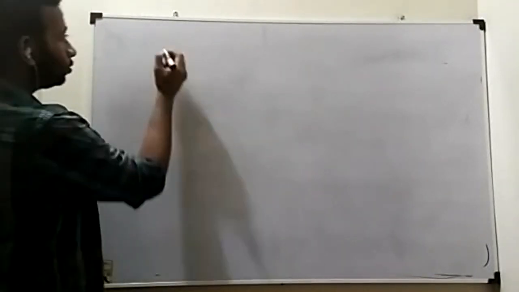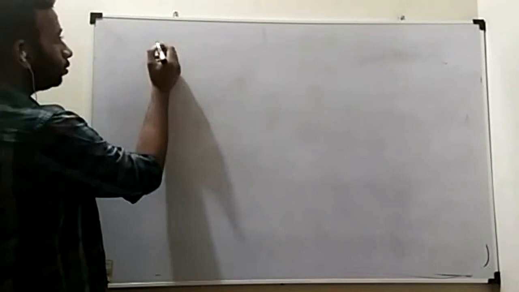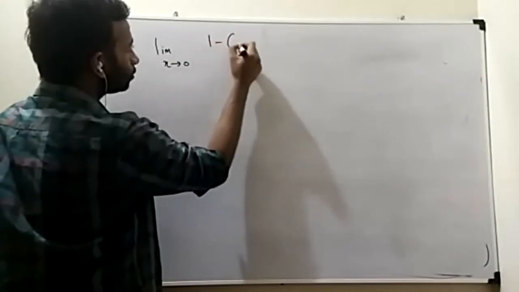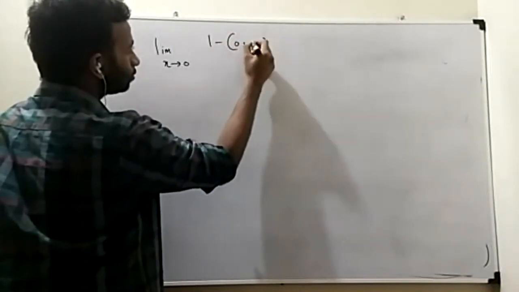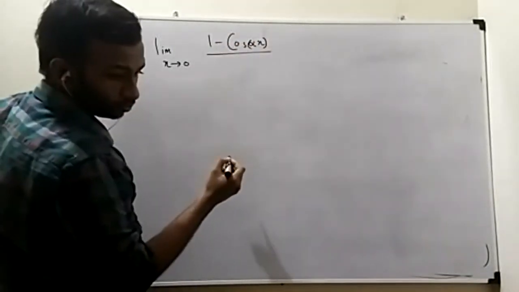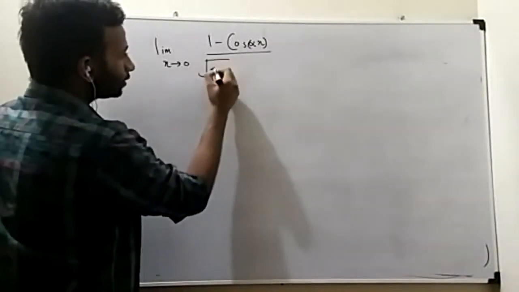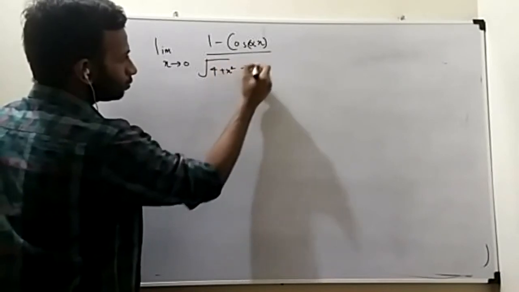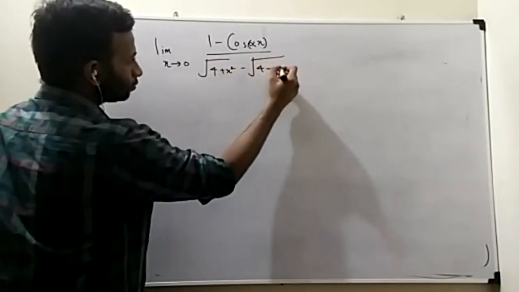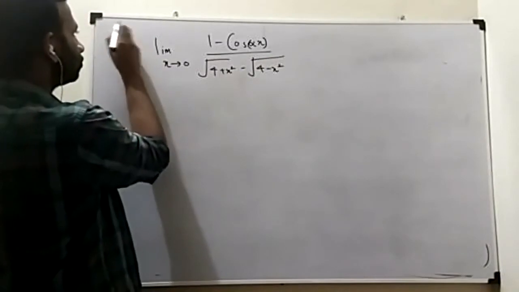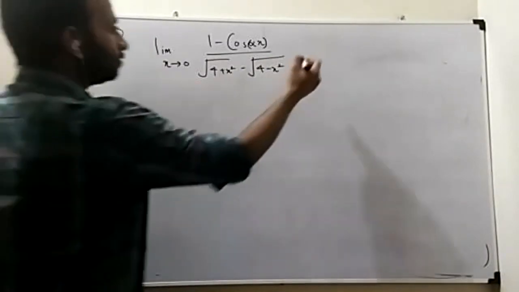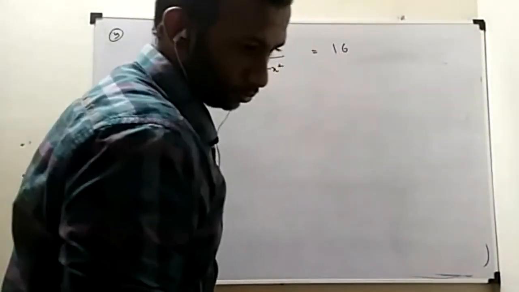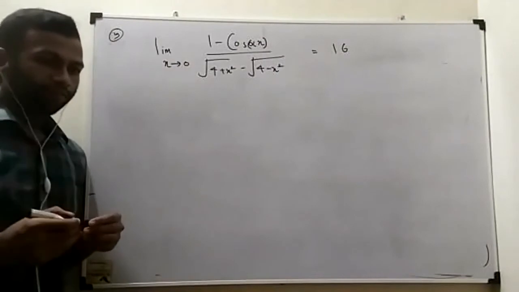They have given limit x tends to 0, 4 plus x squared, equal to 16. So what we need to find is alpha.